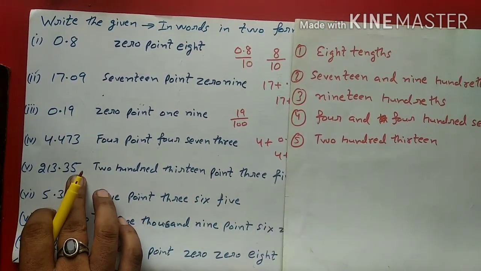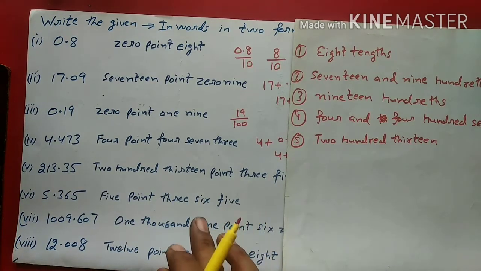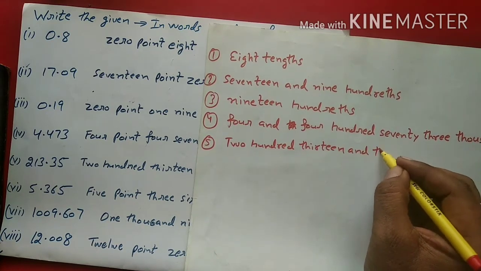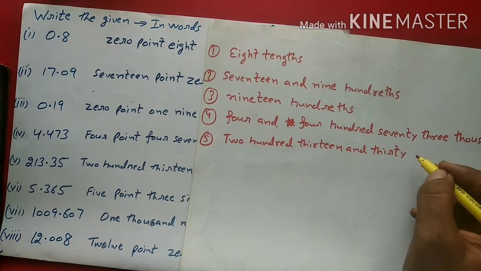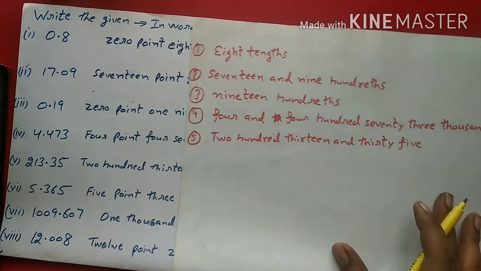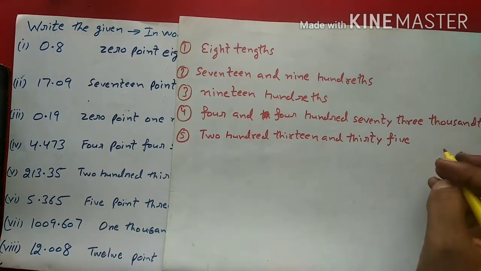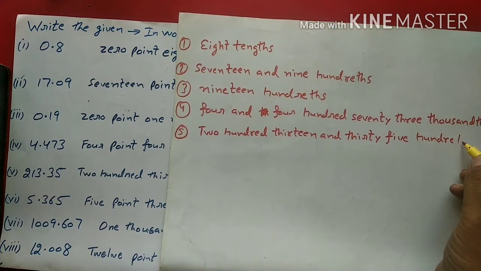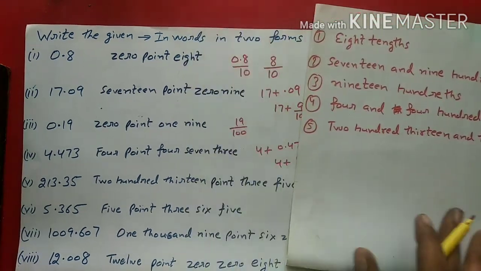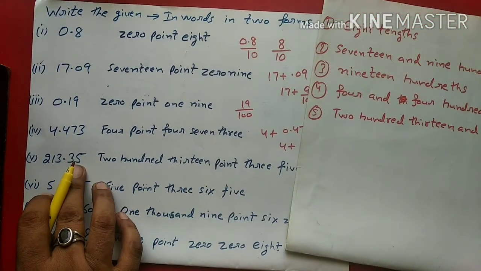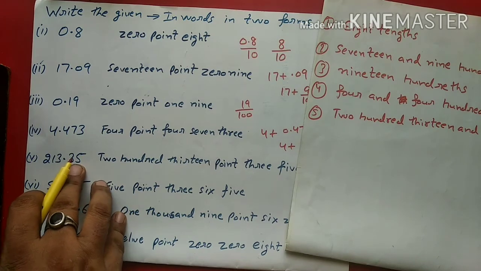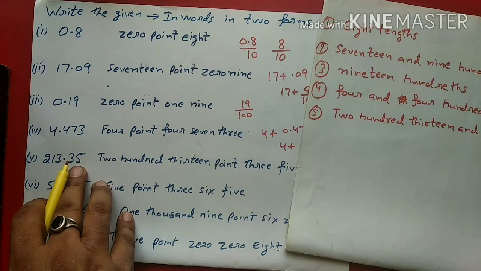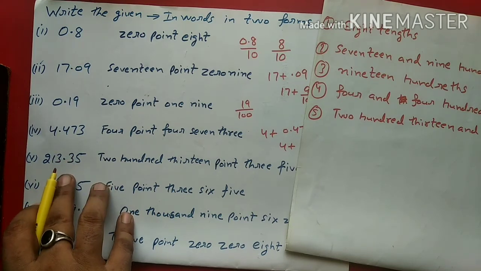This is 35 hundredths. Because after the decimal here only 2 digits are there, and how many zeros are there in 100? Only 2 zeros are there, so I will write this 35 hundredths.